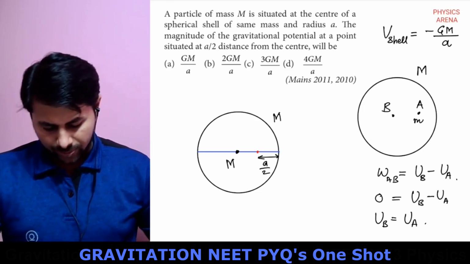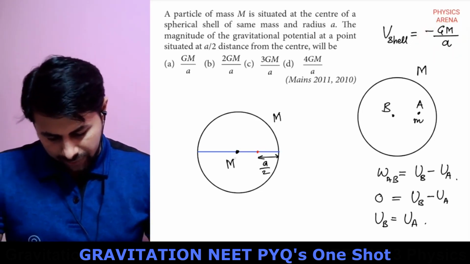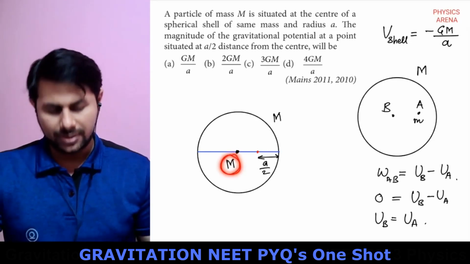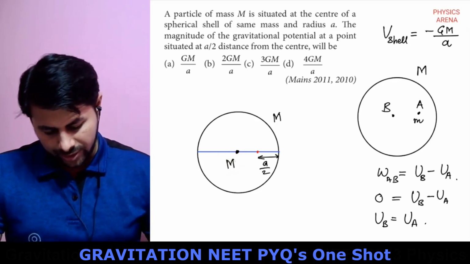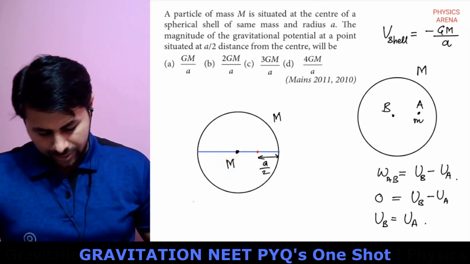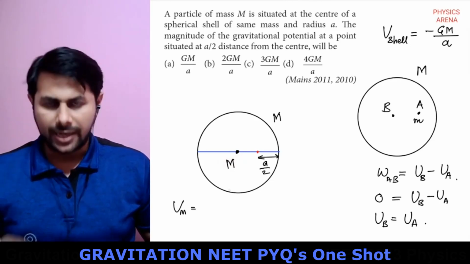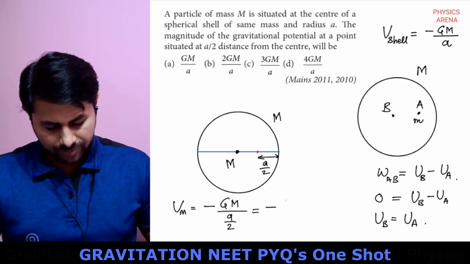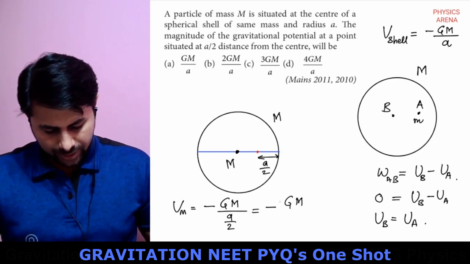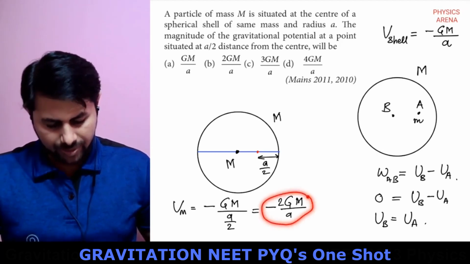This is the potential due to the shell. And there will be some potential due to this mass. How much will that be? The potential due to the mass m at the center is minus Gm divided by a/2, which is minus 2Gm upon a.